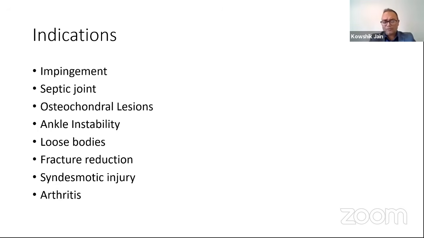Now, more and more of these are having MRI scans. So we do know before starting the procedure what's going on within the ankle joint. Having said that, I routinely scope the ankles before doing a lateral ligament repair. And what's sort of increasing in incidence is arthroscopic lateral ligament repair.